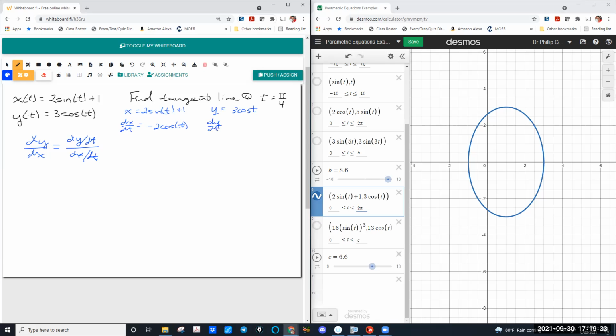So dy/dt is 3 sine t. And we now have our derivative in terms of t. All right, so -2 cosine of t over 3 sine.